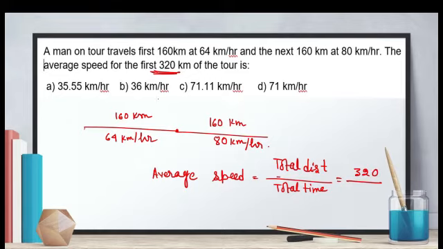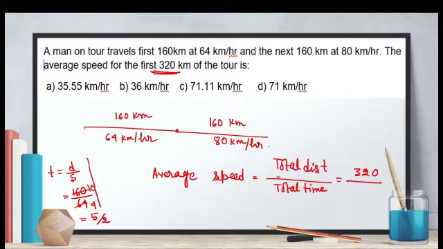So in the first case, in the first 160 kilometer, we will find the time. So time is equal to distance upon speed. In the first case, the distance is 160 kilometer and speed is 64 kilometer per hour, which is equal to 5 by 2.